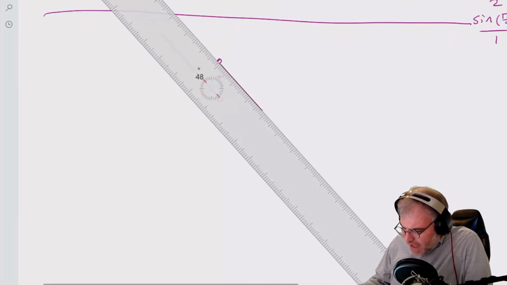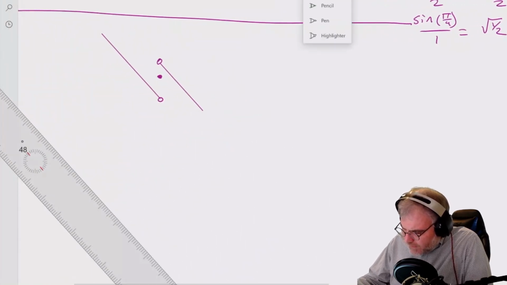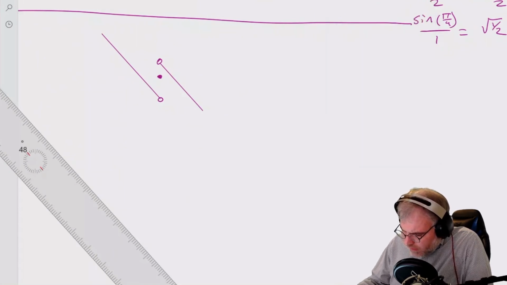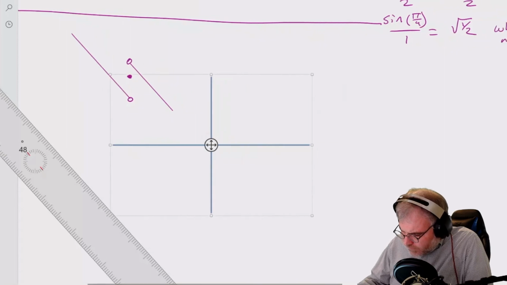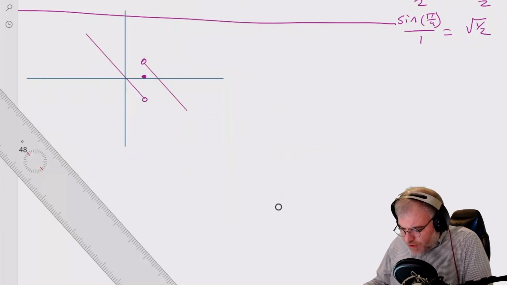Is this what you're asking about, where the graph kind of looks like this? Is that kind of what you're asking about?